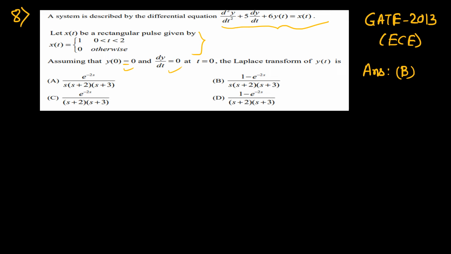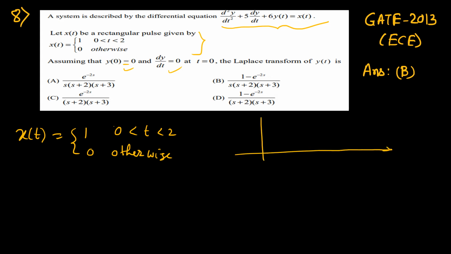So what is x(t) given? x(t) is given as 1 for this one and 0 otherwise. So you see this one I can consider from 0 to 2 it is 1, and beyond that it is 0. Everywhere it is 0. So this is your x(t) and its magnitude is 1.